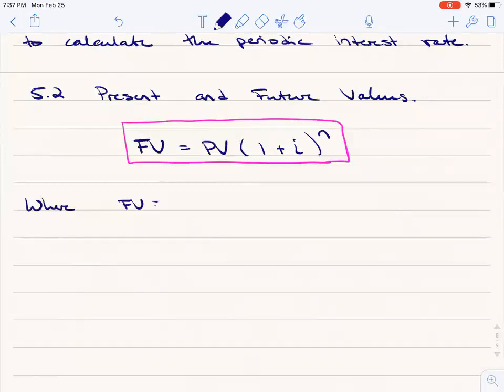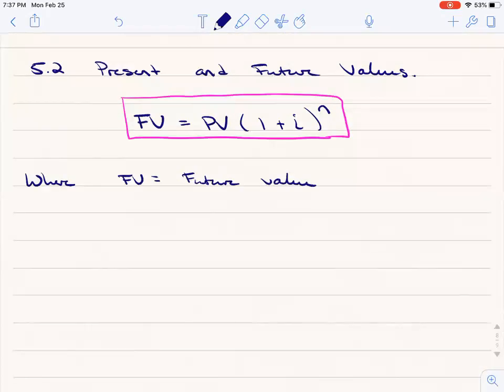Where FV we're familiar with, the future value, and it behaves the same way. It's on the right-hand side of the timeline. PV, we've just been using P, but for some reason in compound interest, we switched to PV. I think sometimes I slipped up and used PV for simple interest. They're the same.